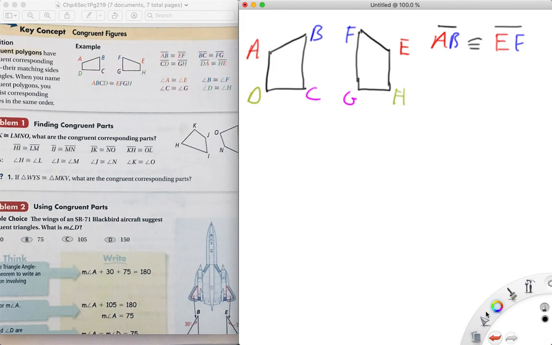We're told that BC is congruent to, I'm sorry, FG.